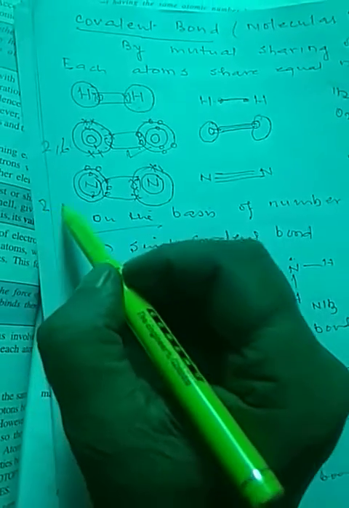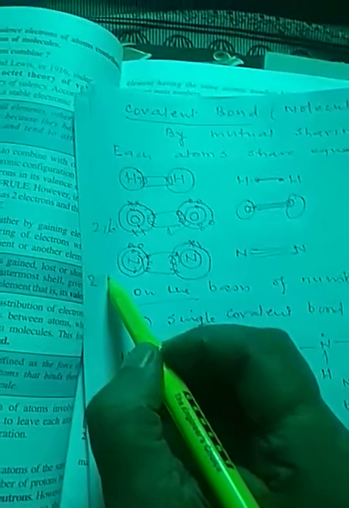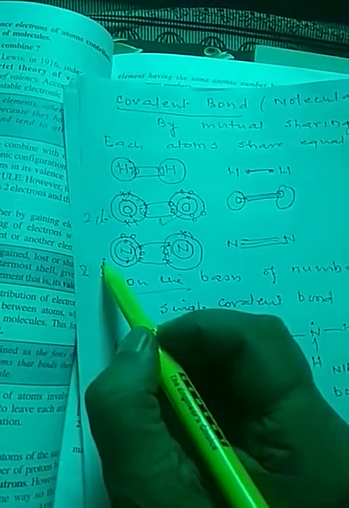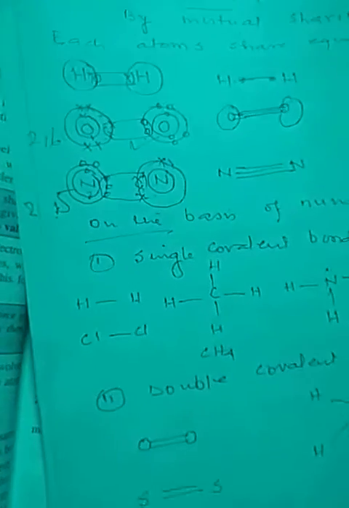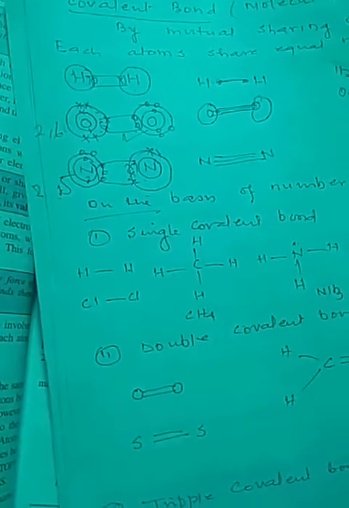Similarly, nitrogen has atomic number 7, and its configuration is 2, 5. Both nitrogen atoms need 3 electrons to complete their octet. So both nitrogen atoms share 3 electrons each.